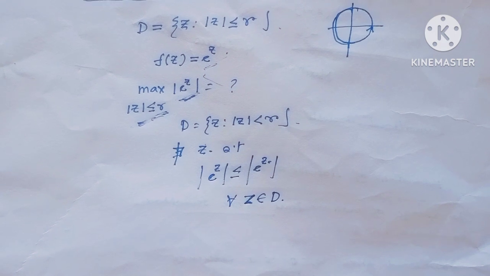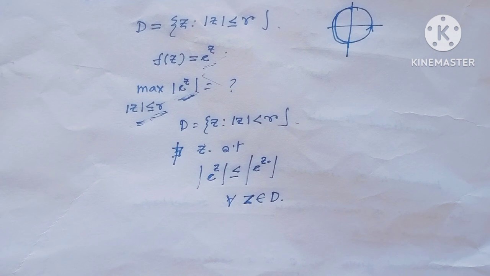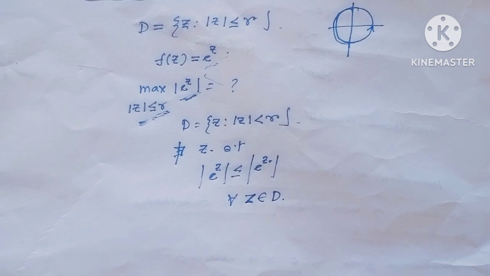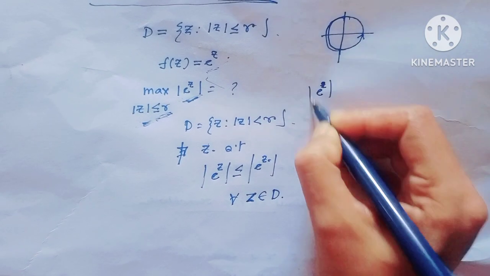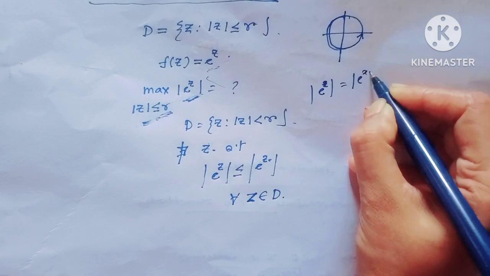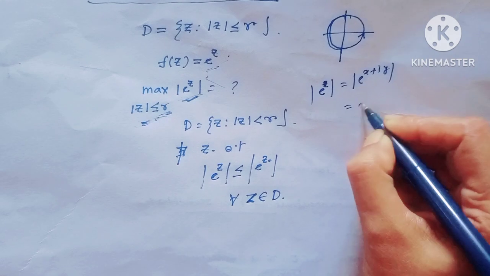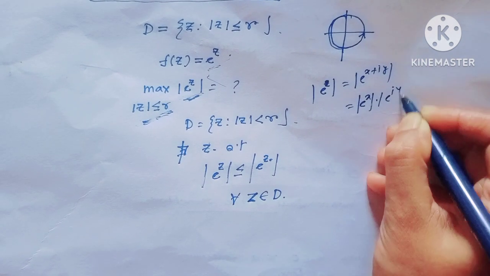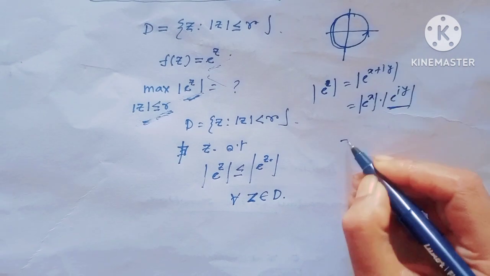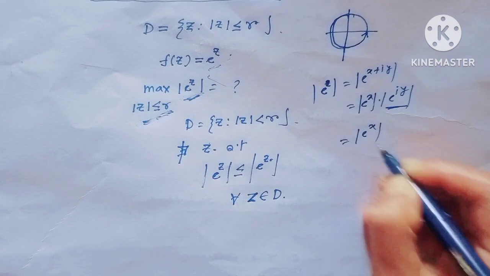Then what will I do? What is the maximum value of the function e to the power z? The modulus of e to the power z means the modulus of e to the power x plus iy, which equals the modulus of e to the power x times e to the power iy, and the modulus of e to the power iy is 1, so this is equal to e to the power x.